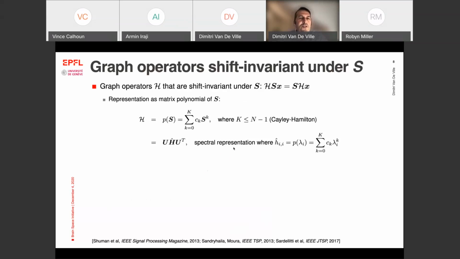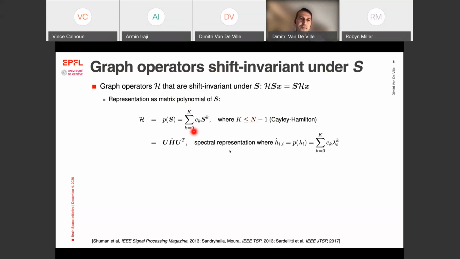And once we have our graph shift operator, we can now introduce more general graph operators H that we want to be shift invariant under our graph shift operator S. So it means that H and S need to commute. And the choice that you can then make is actually the family of matrix polynomials of S. And due to the Cayley-Hamilton theorem, the degree of that polynomial can be limited to n-1.